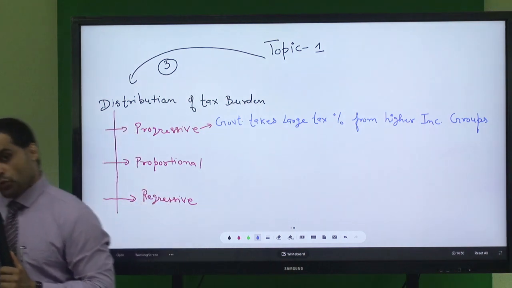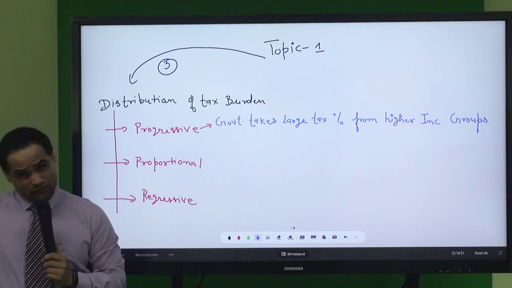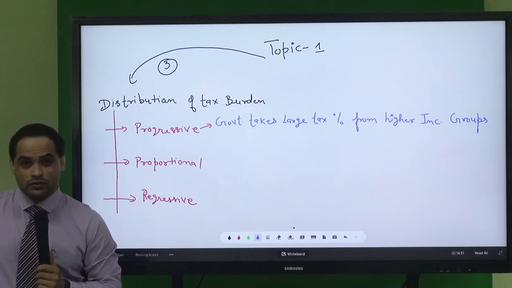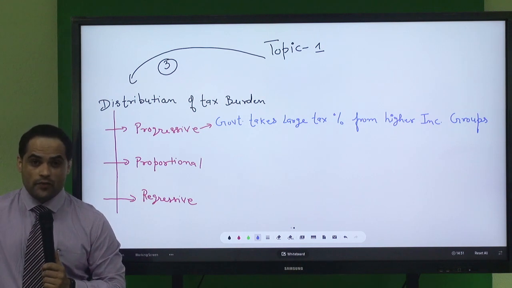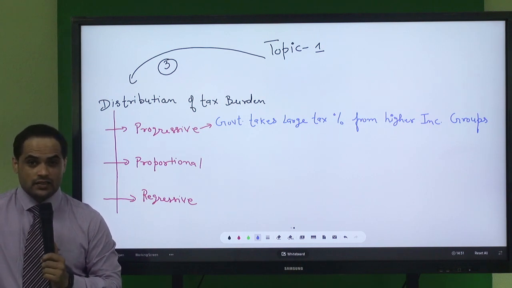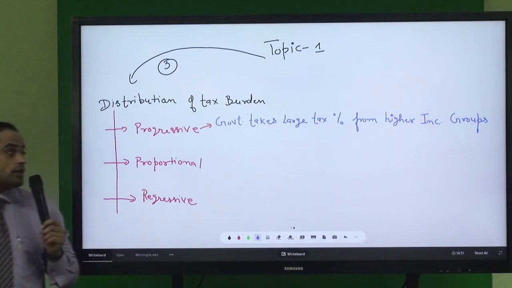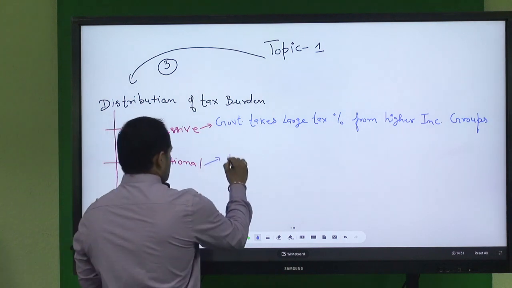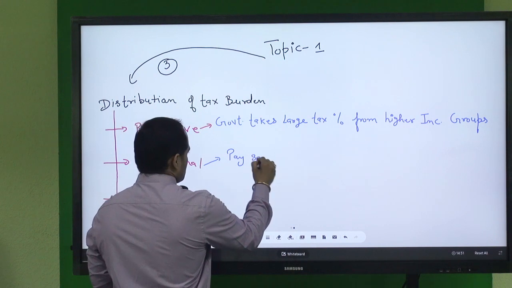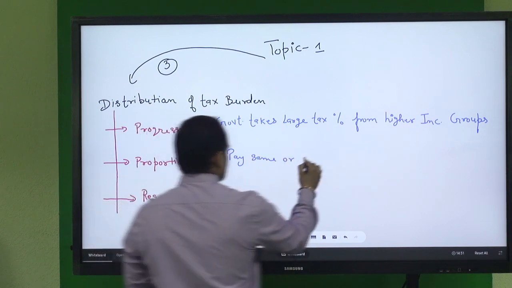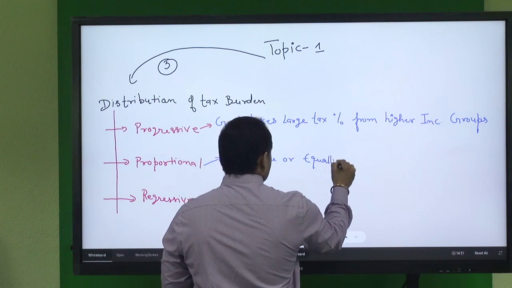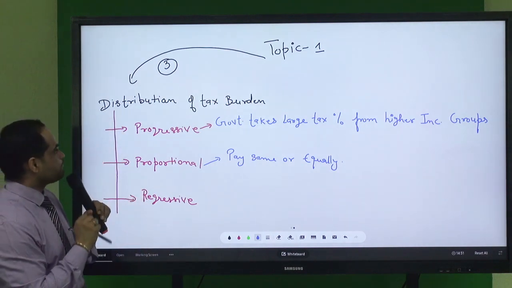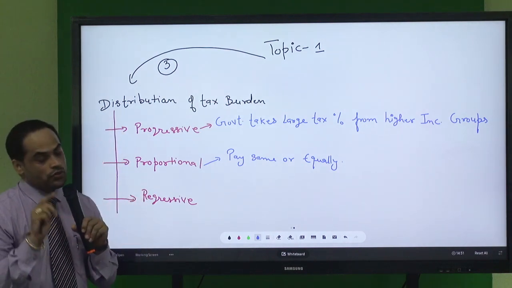Another way to understand proportional tax is VAT, value added tax. No matter if you buy a large amount within the country or a small amount, you're going to pay that kind of fixed tax rate. But anyway, we're talking about the income tax. So proportional means pay the same, equally. So that is the proportional tax burden, proportional tax system.